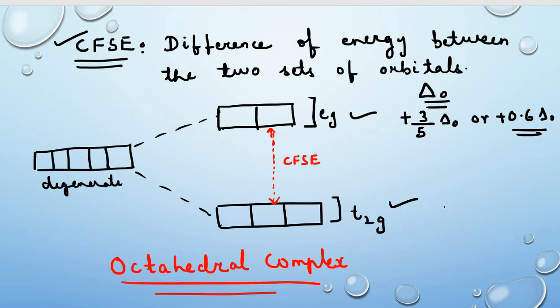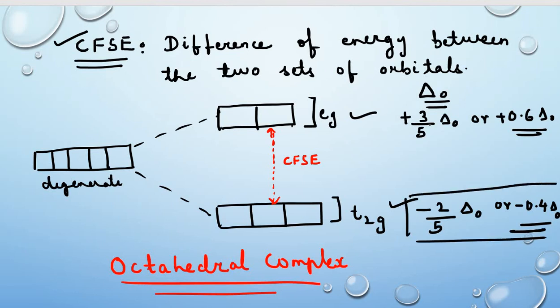Now for the T2g orbital, we are representing it as minus 2 by 5 delta O, or it can be represented as 0.4 delta O. This one is for T2g, and this one is for Eg. And what is that? It represents the crystal field stabilization energy.